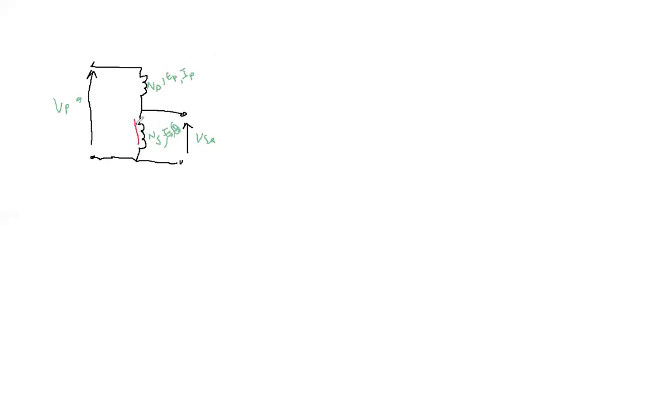So here the current is going like that. That is IS. You see that there are many ways of noting down these currents. Here that current is known as IPA, and here it's known as IC. It's the same current, just given different names. Here it's ISA.